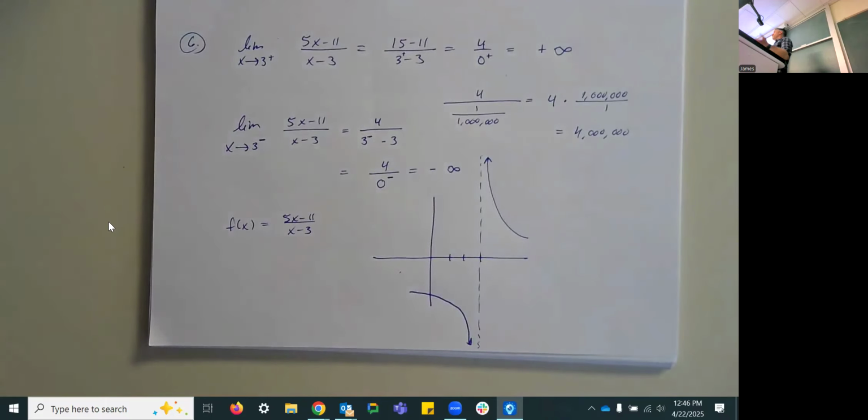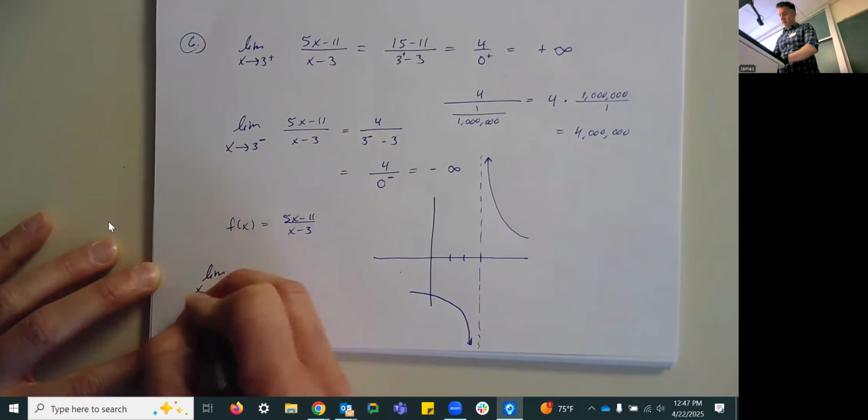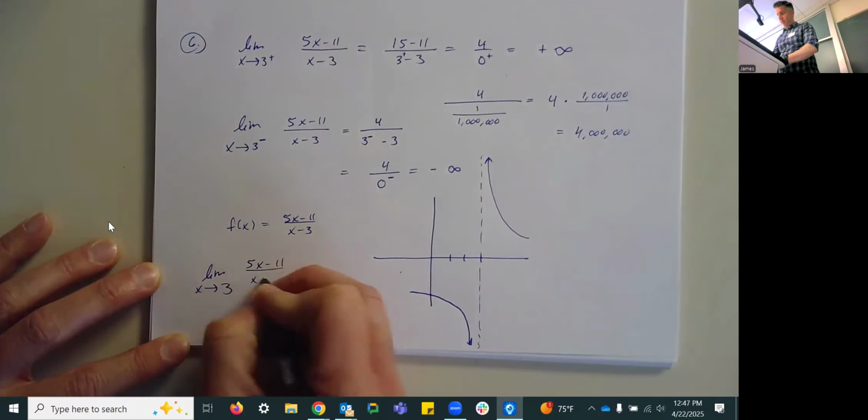The sum-up here is that when you have a limit, you plug it in and you get some non-zero number divided by 0, there are only a few things that can happen. You either get infinity or negative infinity. The third thing that can happen is if they ask for the double-sided limit. If I said, what's the limit as x approaches 3 of (5x minus 11) over (x minus 3)?